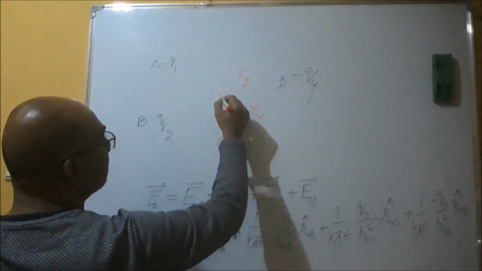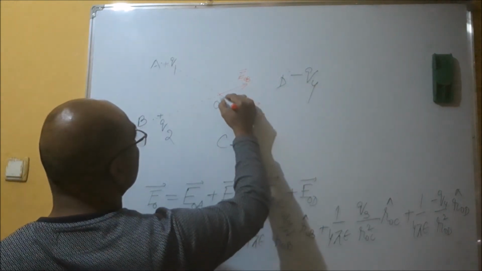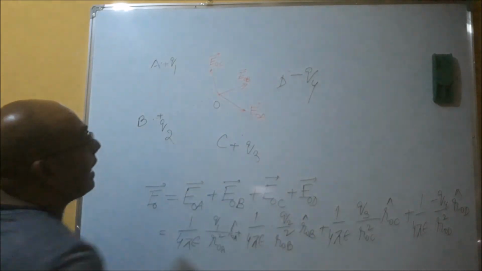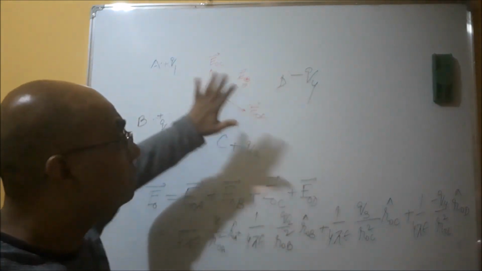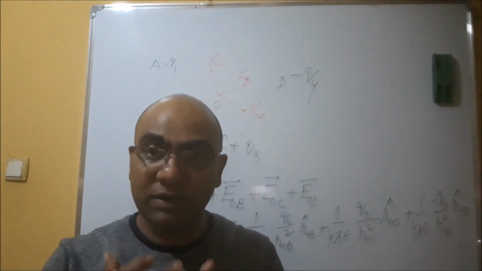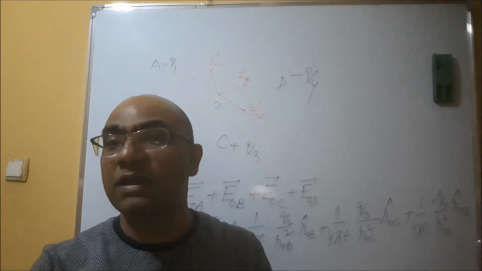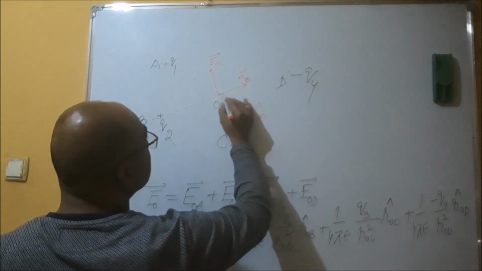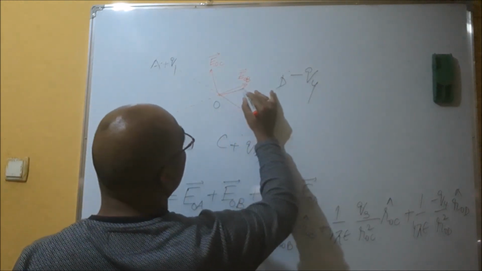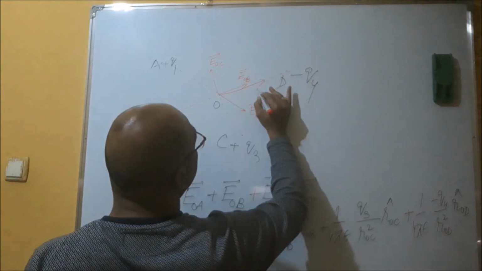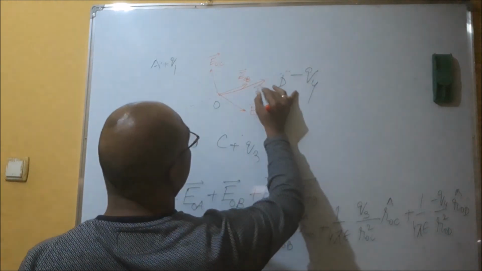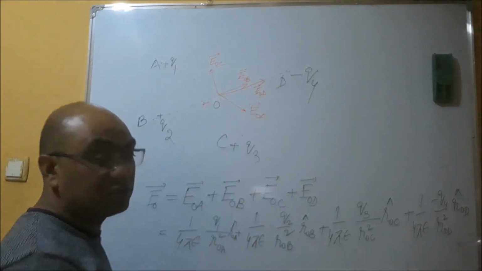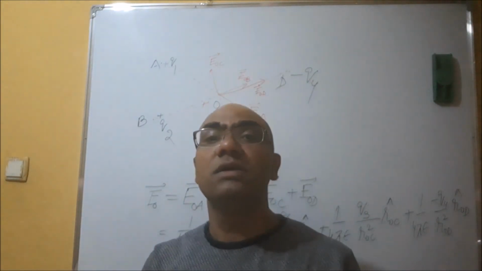And this C will give it in this direction, E_OC. Since D is a negative charge, the direction of its electric field will be opposite, so the direction will be this, E_OD. Because normally we suppose the test charge is positive.